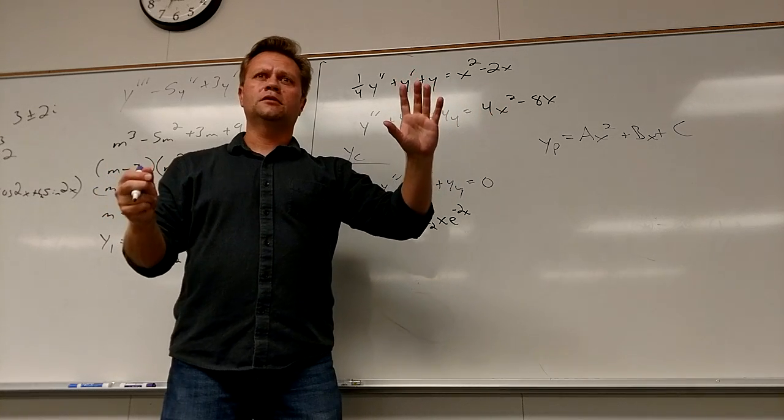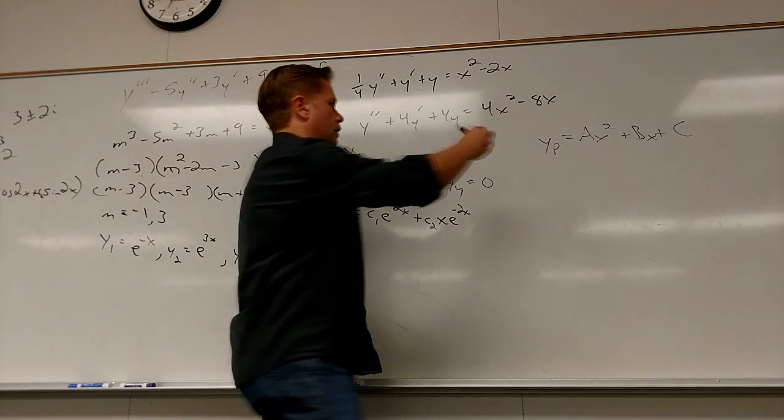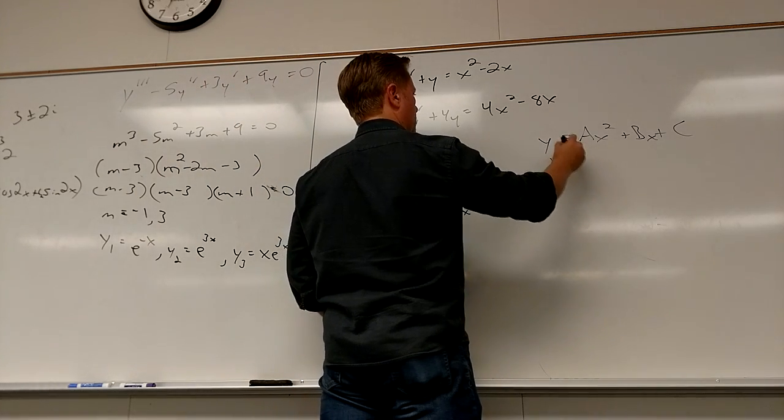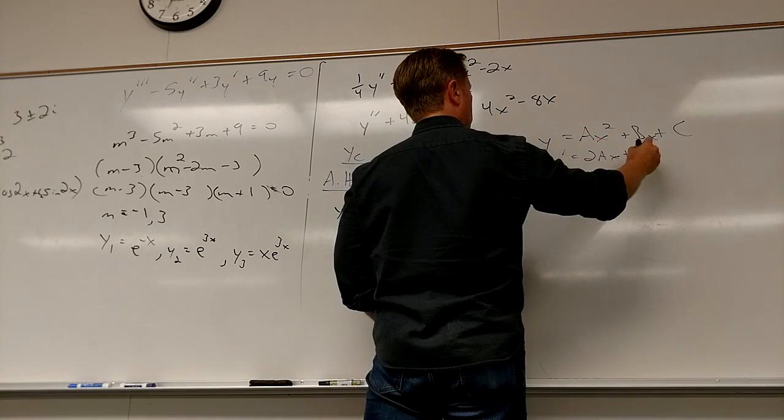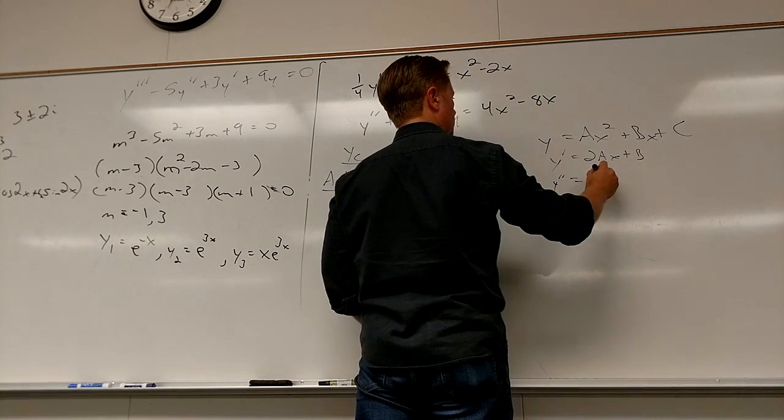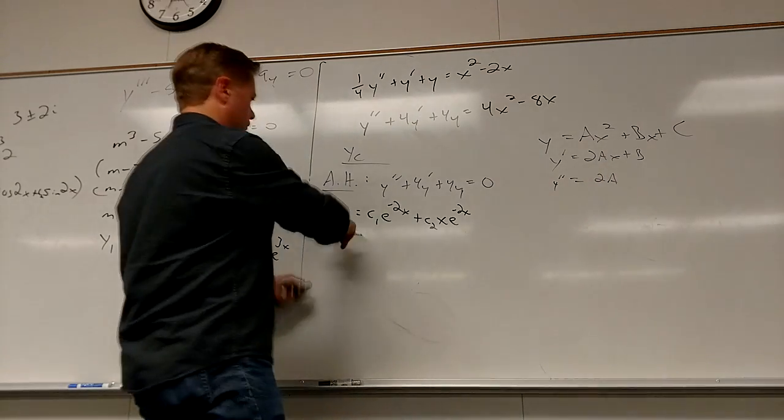Let's try it. Let's see how this works. Let me take the yp off of there. What's y prime? 2ax plus b. And what's y double prime? 2a. So let's keep track of this.